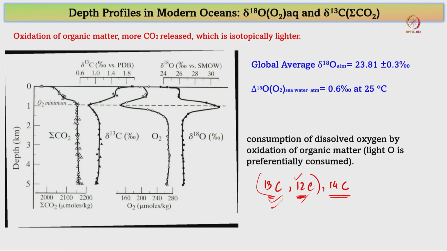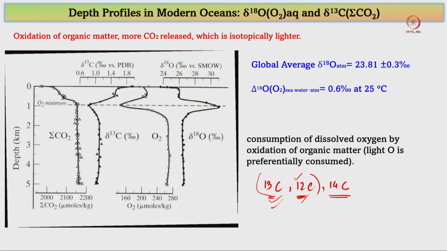During that consumption, the lighter oxygen is always preferentially consumed. What will that mean? That will mean that wherever there is more and more organic matter breakdown, my delta 18O value will get more and more positive in the ocean, because my 16O is getting consumed due to that oxidation of organic matter. So, due to that oxidation of organic matter, my delta 18O of the ocean will increase.